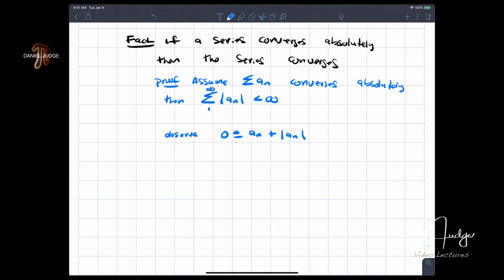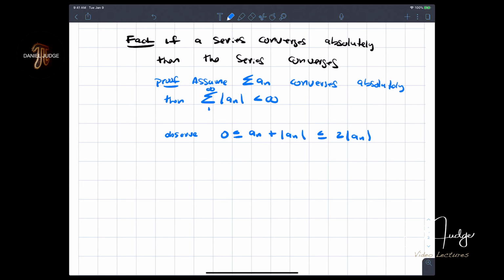Because what we're saying here is if you take a term and I essentially make it positive if it's negative, and I add that positive and the negative, the same values, then you'll get 0. But if the term is positive and I add another positive value, of course that's going to be bigger than 0. So far we know that this observation is correct. And then we can say that this is less than or equal to double the positive value.